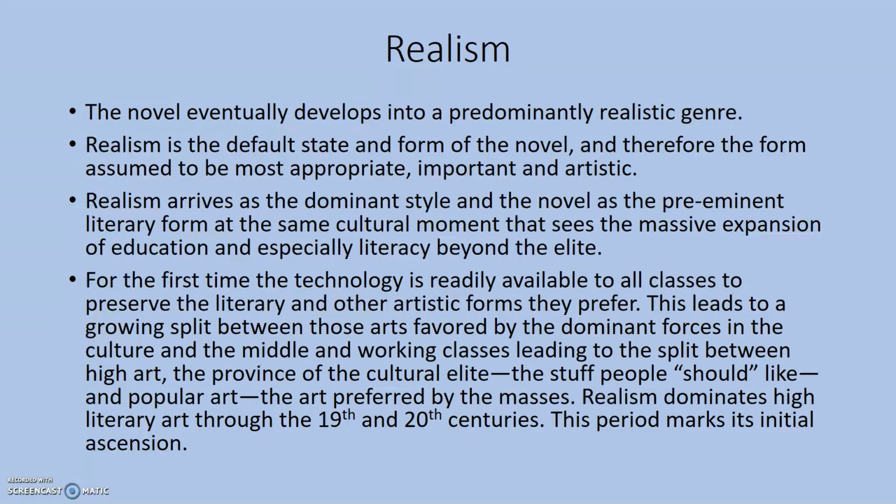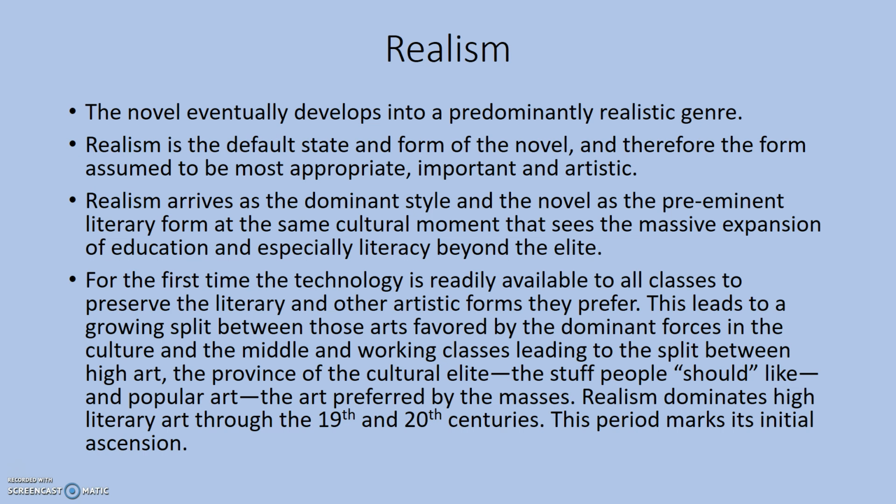It arrives as a dominant style, and the novel becomes the preeminent literary form at the same cultural moment that sees this massive expansion of education and especially literacy far beyond the moneyed and culturally powerful elite who had previously been educated. For the first time, the middle classes and working classes have the ability to preserve the literary and artistic forms that they prefer.